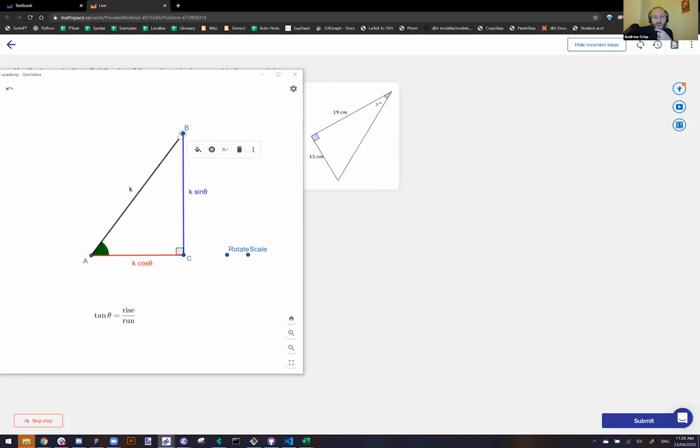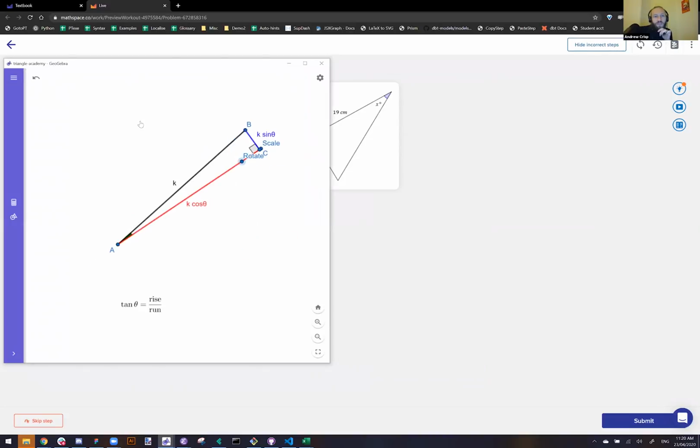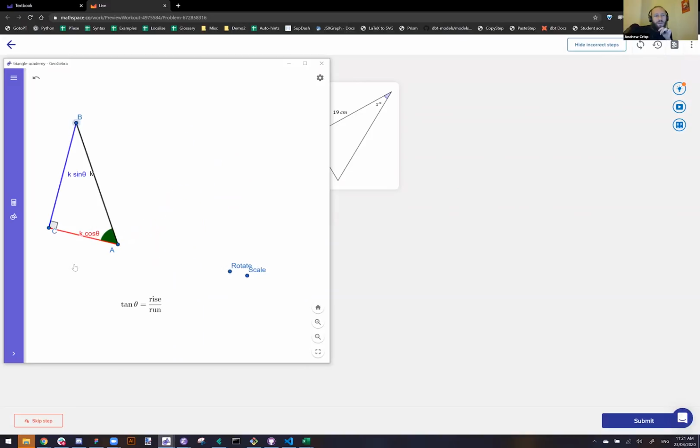Okay, let me try and make these two the same. So the angle's kind of down here. Rotate like this. So I've got, it's up the top there. These over here.